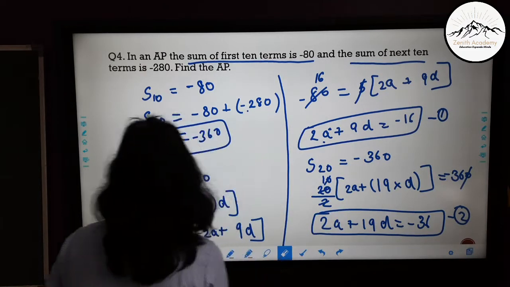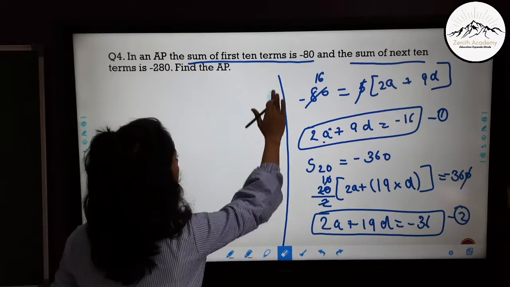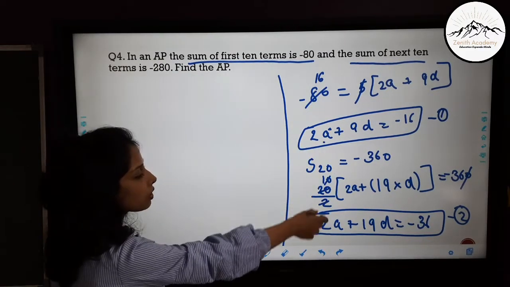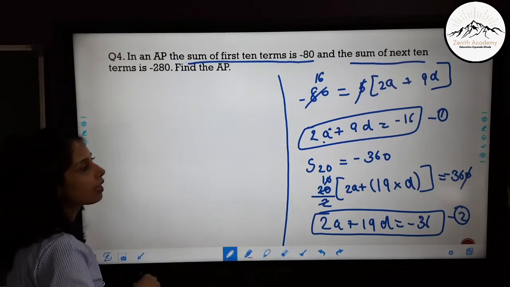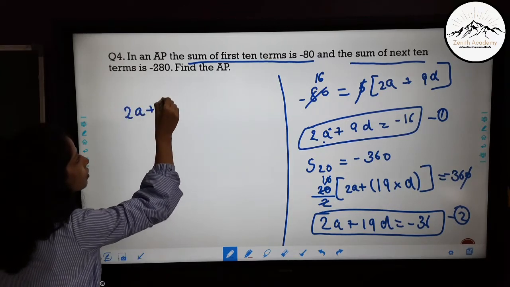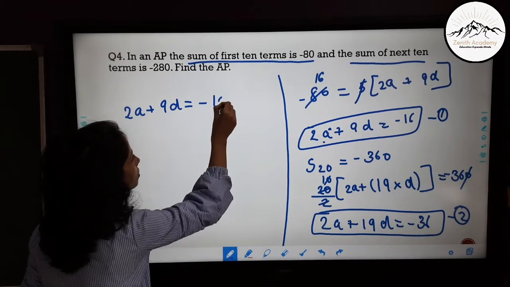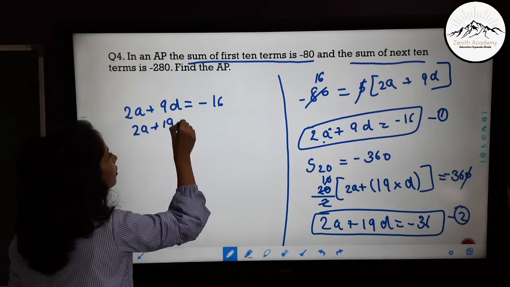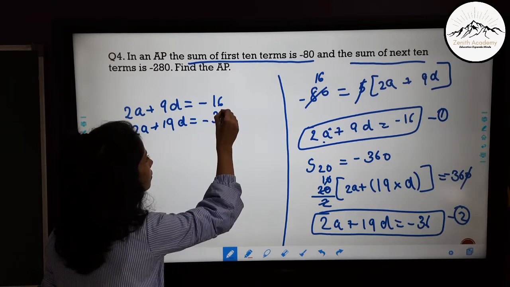So now, in 2a plus 9d and 2a plus 19d, we have a common term 2a which will get cancelled, and then we'll get the values of a and d. So let's solve it. 2a plus 9d is equal to minus 16 and 2a plus 19d is equal to minus 36.